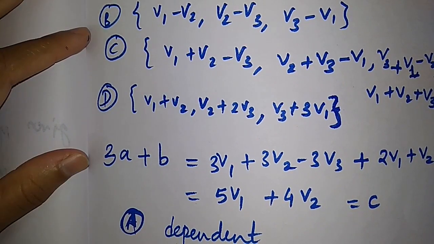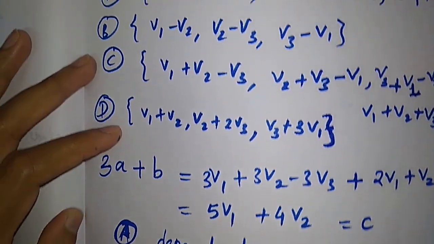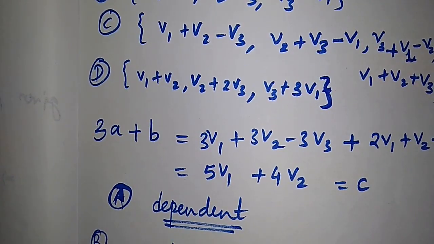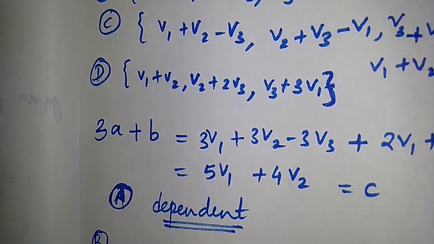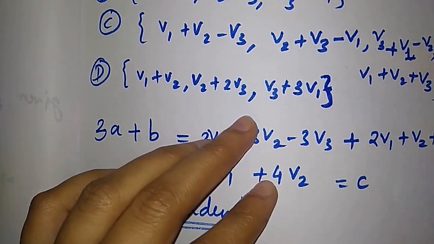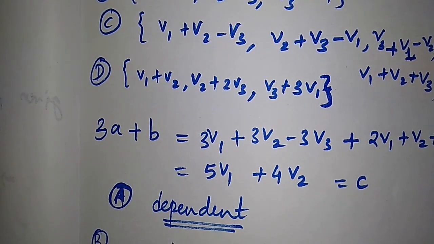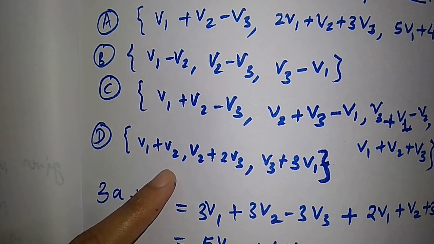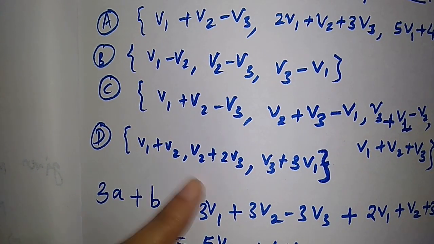Hence A, B, C are dependent. That means the fourth one must be linearly independent because only one option is correct. But we can also see this by taking the determinant of all the coefficients, column wise. In this, the coefficient of V1 is 1, V2 is 1 and V3 is 0. So likewise I am calculating the determinant.